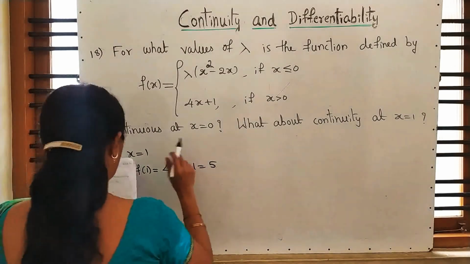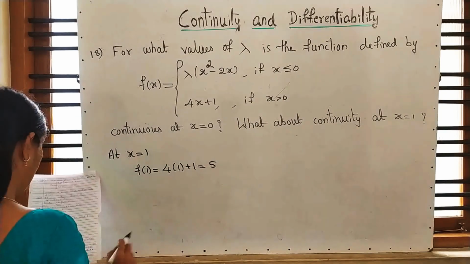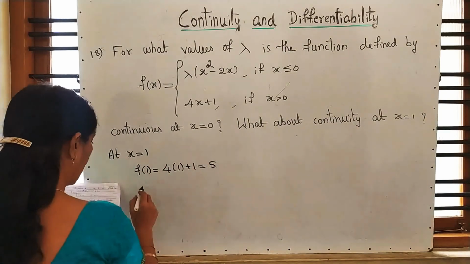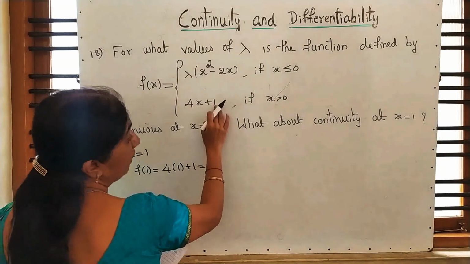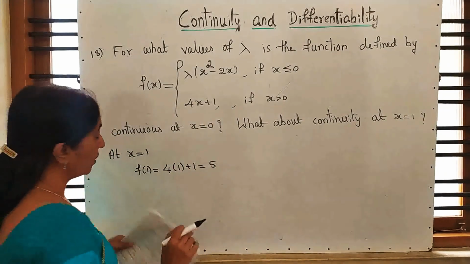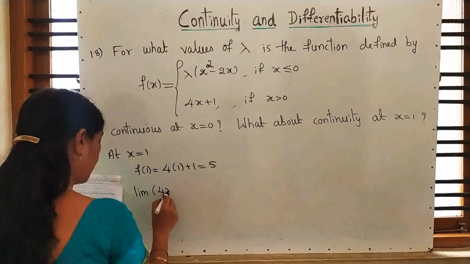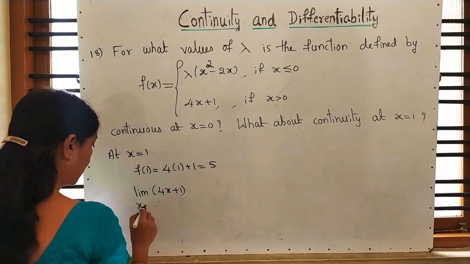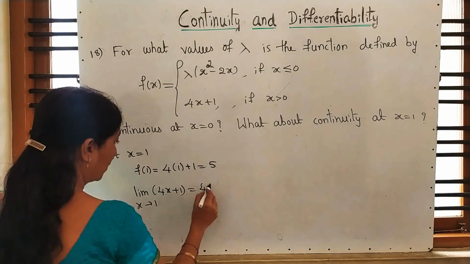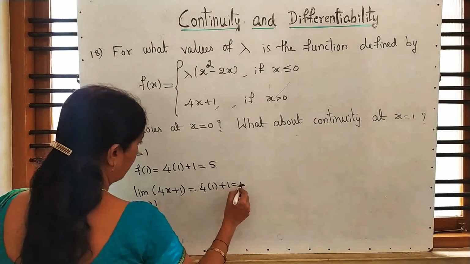It is 5. That means is it a constant function? Sorry. It is a polynomial function and every polynomial function is continuous. And limit 4x plus 1 as x tends to 1 is 4 into 1 plus 1 is equal to 5.